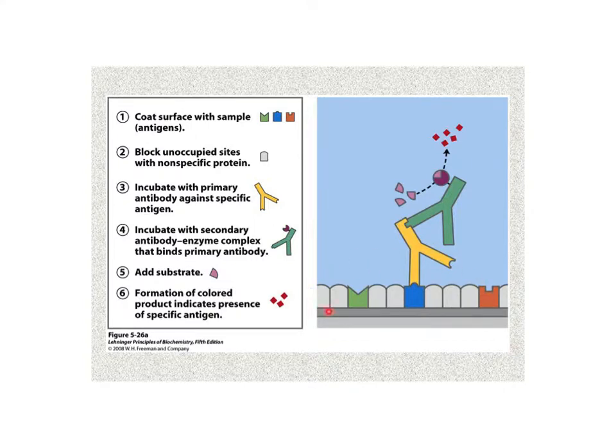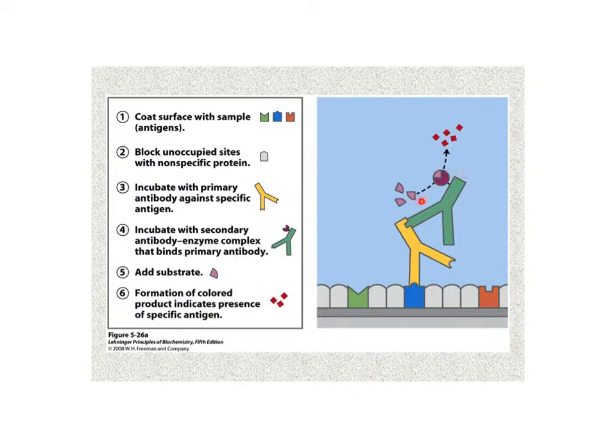They use this many times to test the concentration of the analyte that's present. Then you incubate with the primary antibody against that specific antigen. Here they're showing how it's incubated to recognize this little half circle protein. You let that bind, and you wash it to get rid of any non-specific binding.